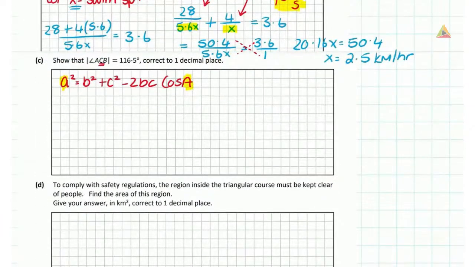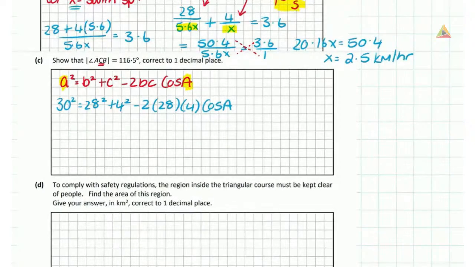So subbing in, that's going to be 30 squared equals 28 squared plus 4 squared minus 2 times 28 times 4 times the cos of angle A. And we can put 30 squared into our calculator. That's going to give us 900. We can put 28 squared into our calculator, it's 784. 4 squared is 16.